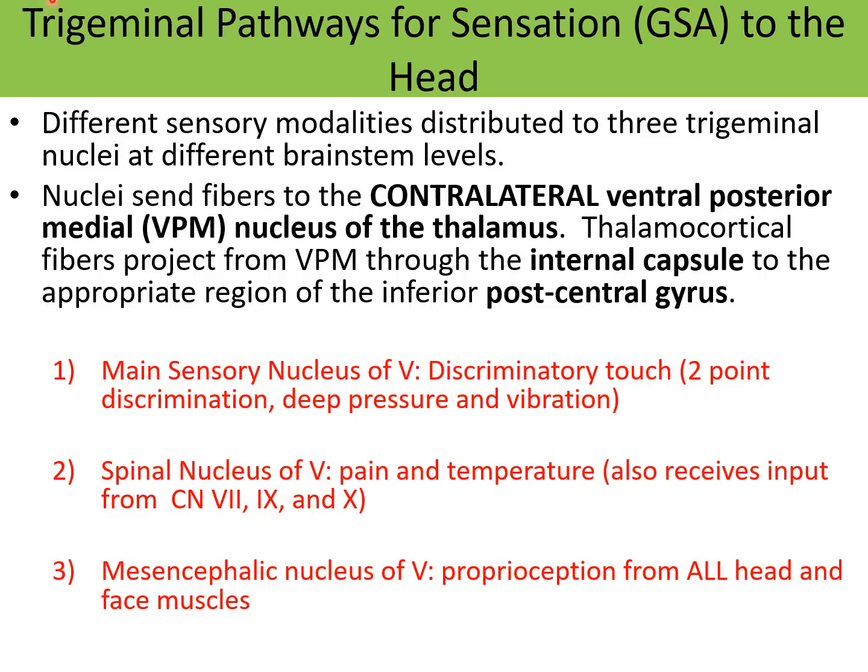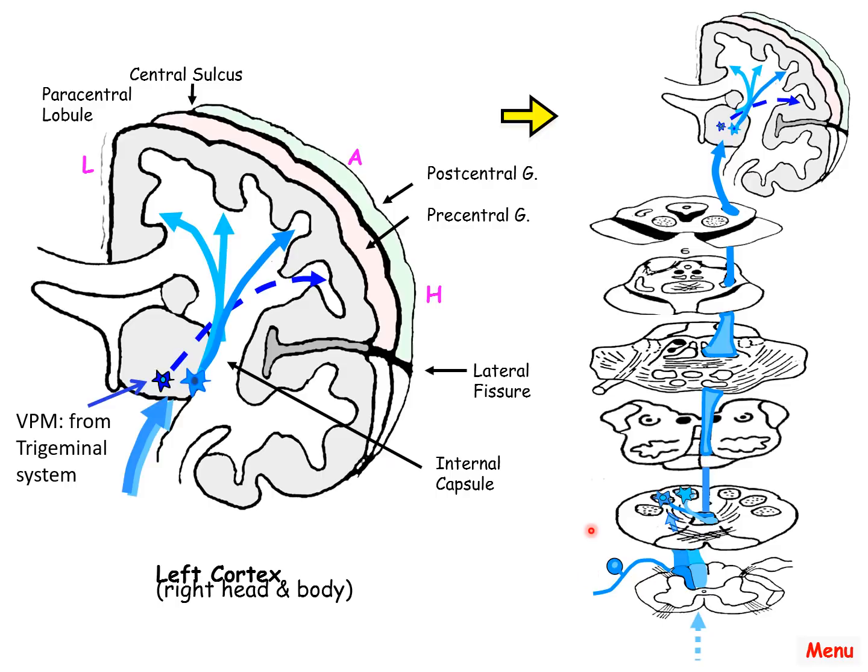As we indicated, the trigeminal pathways to the head have these 3 different characteristics: the main sensory nucleus for discriminatory touch, the spinal nucleus of 5 for pain and temperature, the mesencephalic nucleus of 5 for proprioception for the head and face. When we look at information that's coming upwards from the trigeminal system, we see that it travels from those cranial nerve nuclei for 5 up towards the thalamus.